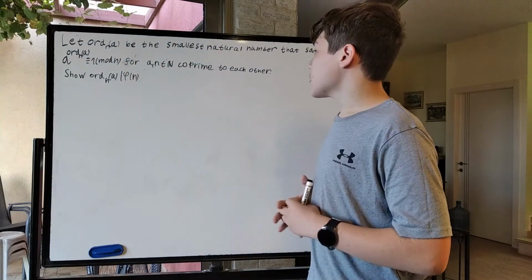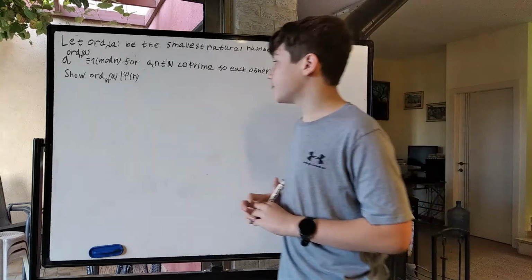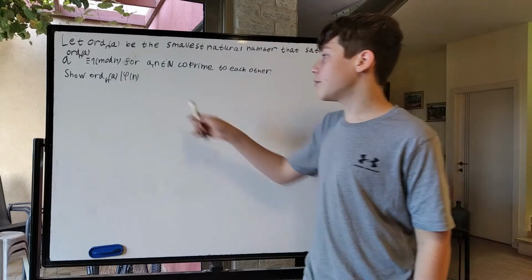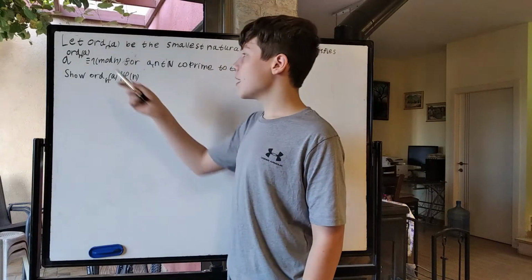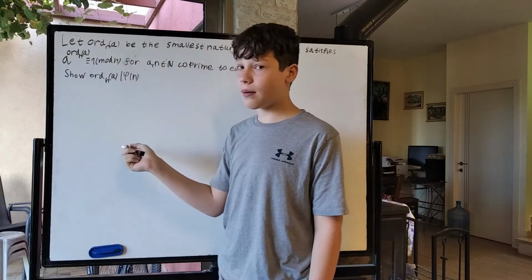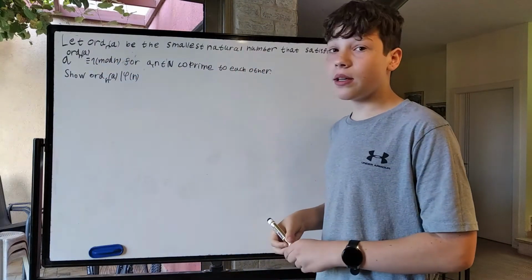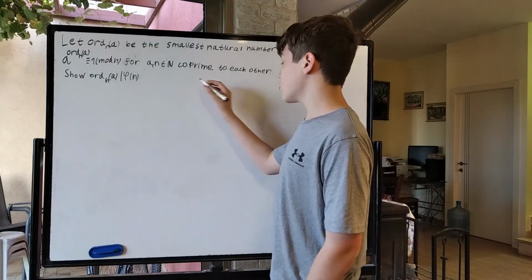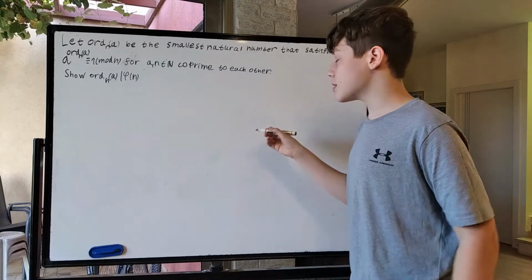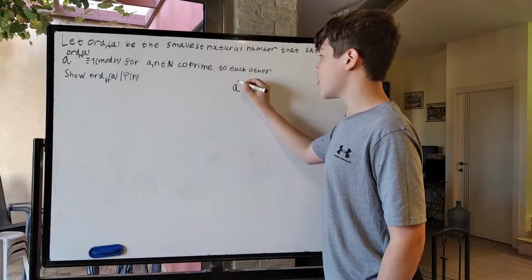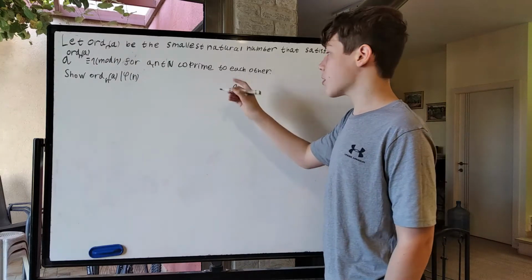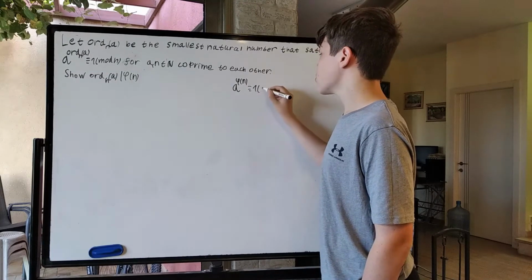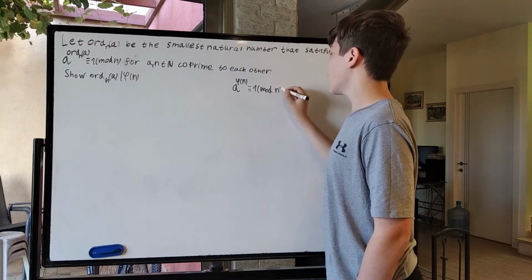So let's begin. First of all, let's remind ourselves what property phi of n has with a to the power of something congruent to 1 mod n. It's actually a very direct relationship, which states, and we did prove this recently in a video, that if a and n are natural numbers and are co-prime to each other, then a to the phi of n is congruent to 1 mod n.